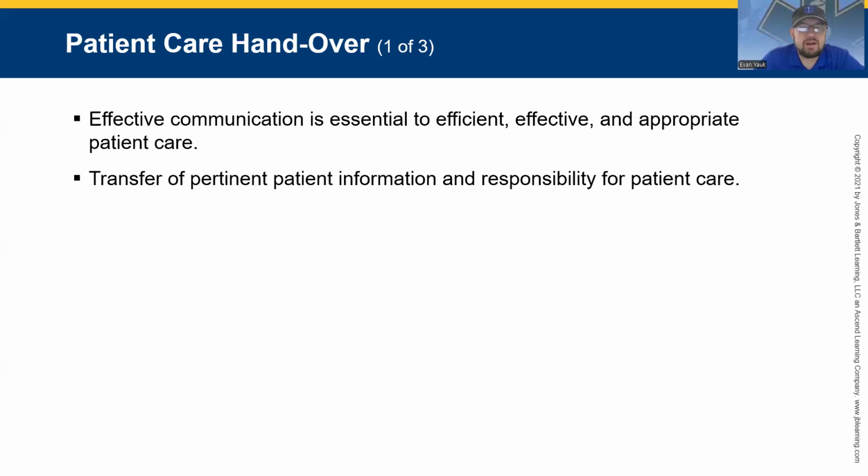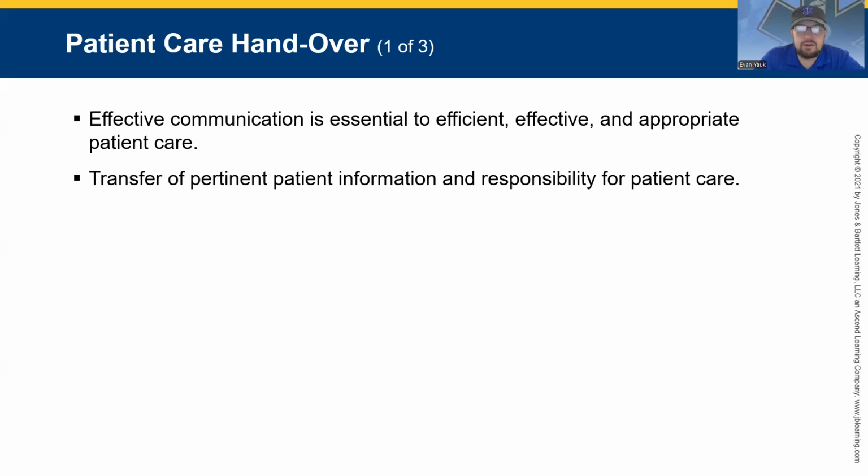So when we do patient handover, what we're doing is we're going to say what we got called for, what we find, what we do, how they react up to this point. So I got called for low blood sugar. I arrived on scene, found the patient, altered mental status, blood sugar of 42.